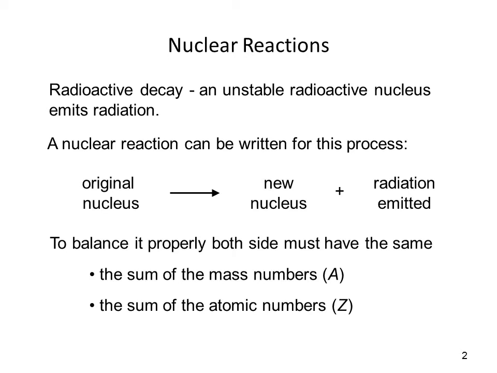It's much easier just to say that the mass from the beginning to the end cannot change, nor the charge. So we look at the mass of all the particles on one side and the mass of the particles on the other side and make sure they match. And we look at the charge on the reactant side and the charge on the product side and make sure they match. And then the nuclear reaction is balanced.